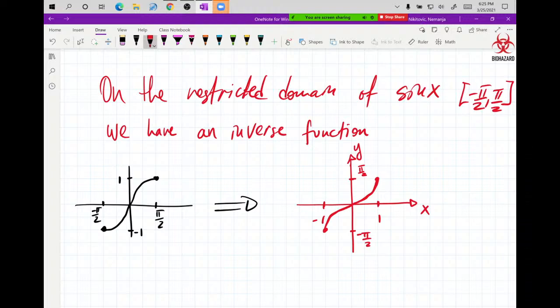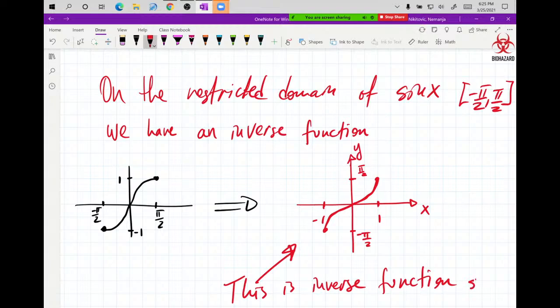So now this is the inverse function, sine inverse of x. The reason why this is an inverse function is because it passes the vertical line test everywhere.